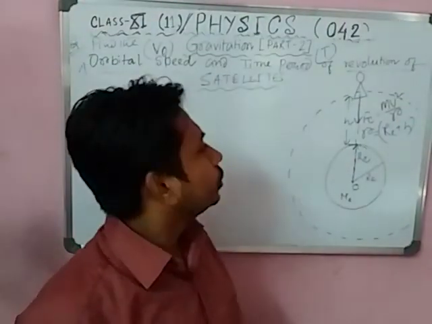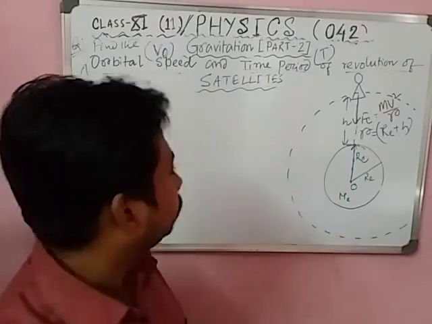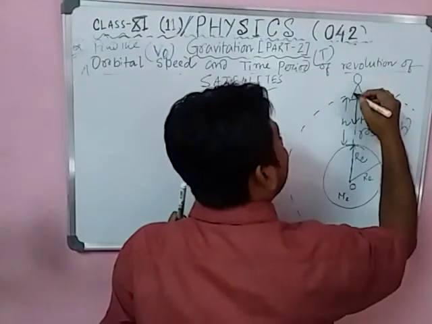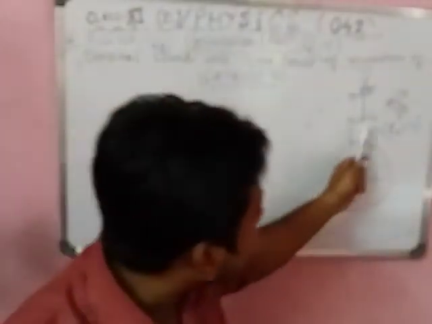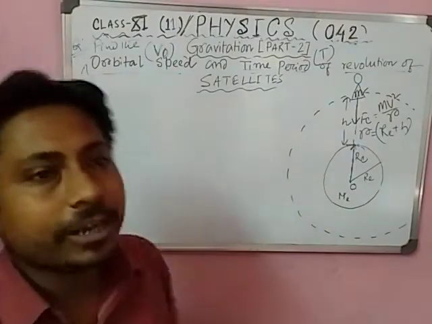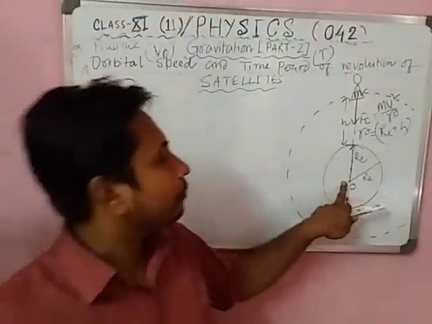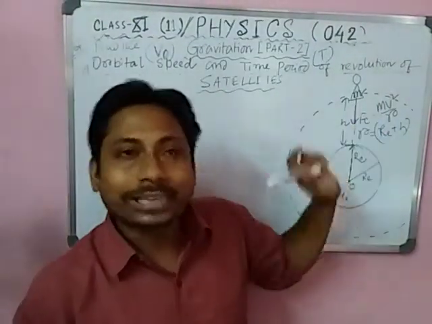Think the mass of the satellite is small m. So Fc is mv square by r. Now this force must be equal to the attractive force of the earth on the satellite.